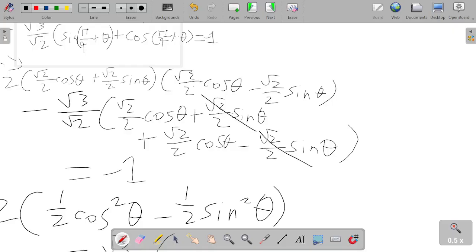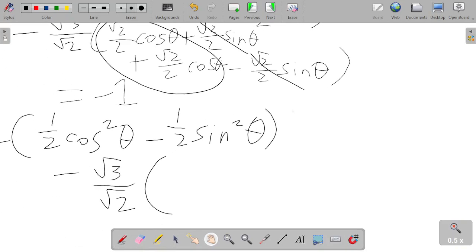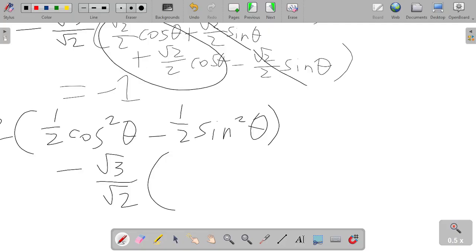This will cancel, and these you add them, they will double. So you're going to get radical 2 over 2 cosine theta times 2, because there's two of them. So then it just becomes radical 2 cosine theta equals to negative 1.